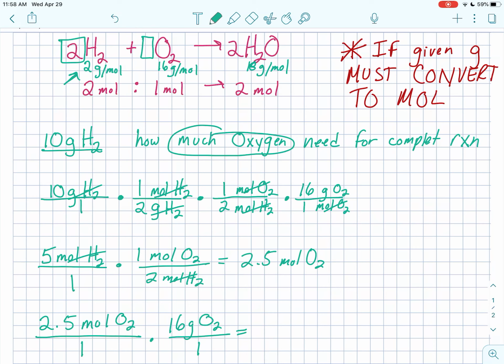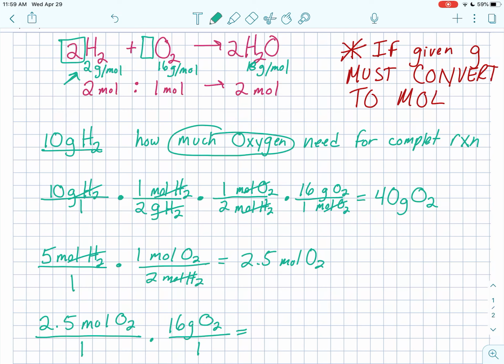So let's type this into our calculator. And we get 40. Don't forget your unit. And so, in order for 10 grams of hydrogen to completely react, we need 40 grams of oxygen.